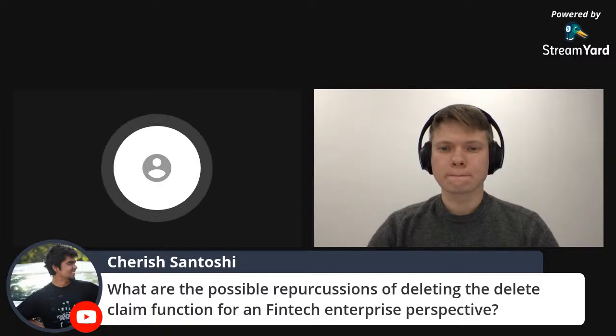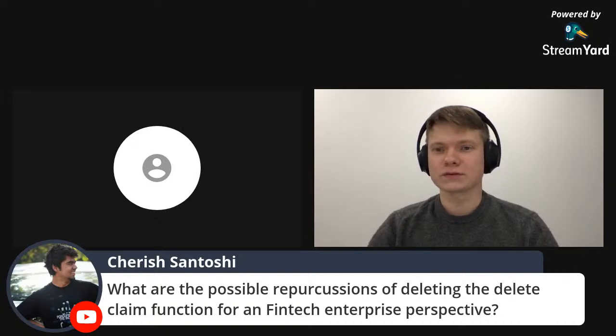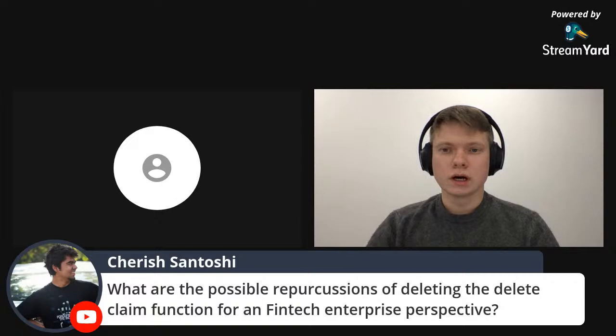What are the possible repercussions of deleting the delete claim function from a fintech enterprise perspective? That's actually quite a question. Well, this application is obviously not meant to be used in production. This is a very simple application that just lets you understand how to submit values to your blockchain, in this case, hashes of files, and delete based on a very simple condition, which is you are the same person that submits the proof.